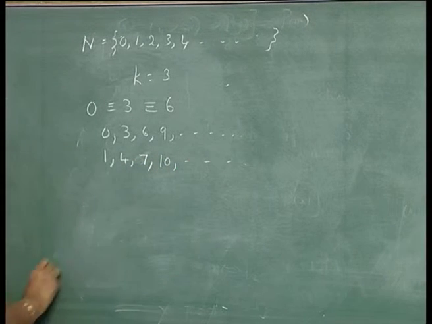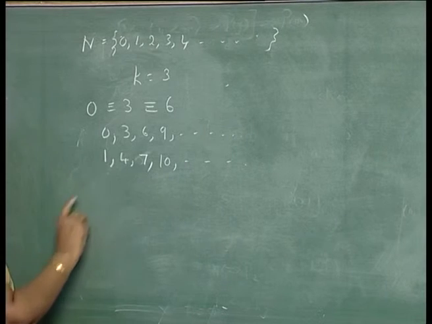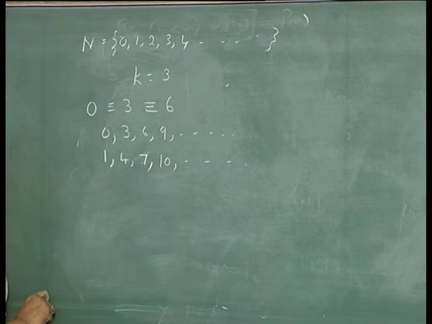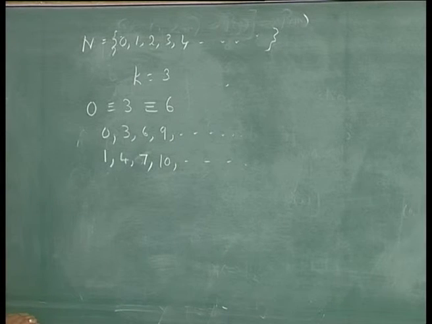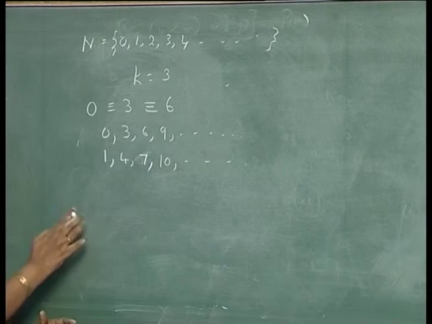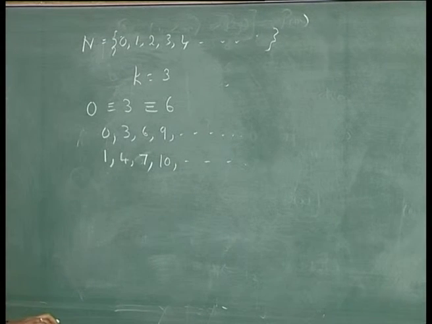If you take 1, 4, 7, 10, these are all equivalent to each other because if you take any two of them and subtract one from the other, the result will be divisible by 3, or these elements leave the remainder 1 when divided by 3.